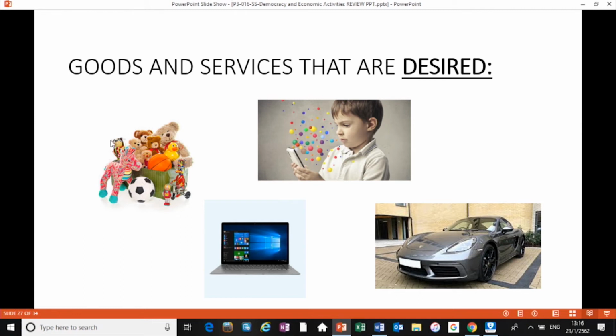Like I am okay without toys. If I don't have toys, I won't die. But sometimes it's nice to have toys. If I don't have a telephone, I'll be okay. But I want a telephone. So these are goods and services that are desired.